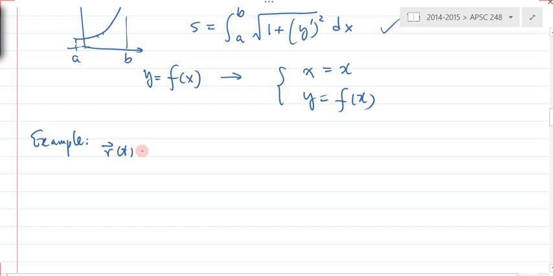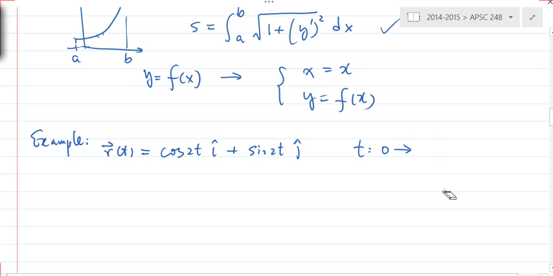I'll give you a vector function for a curve. So this is a vector function over here. Suppose that t starts at 0, and I'll go to, in this case, I'll give you a pi here.